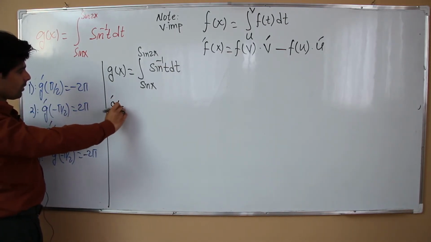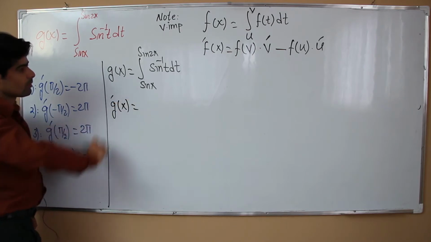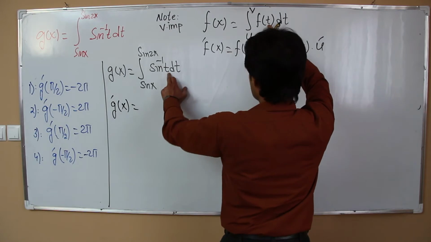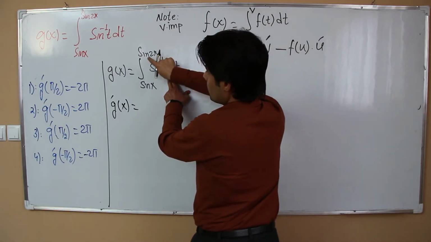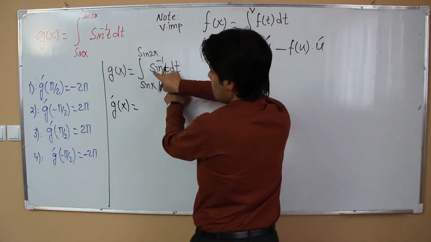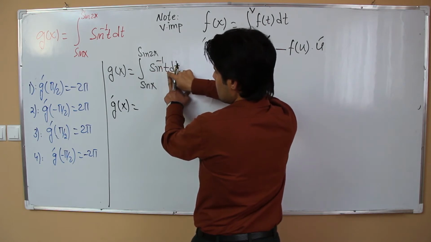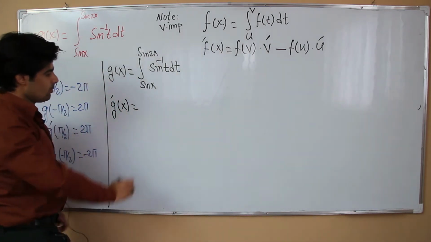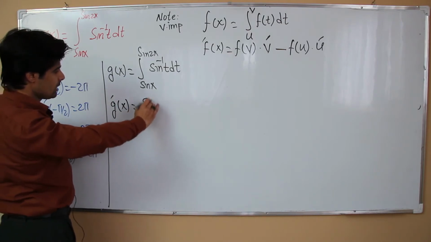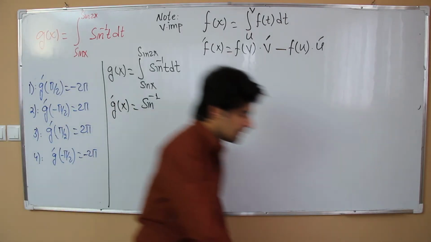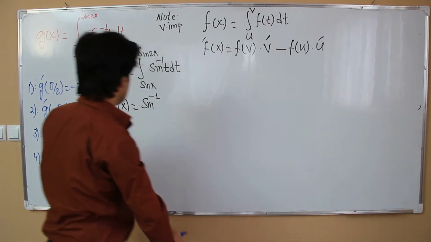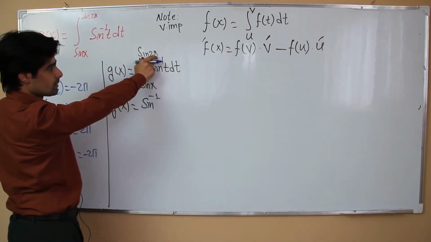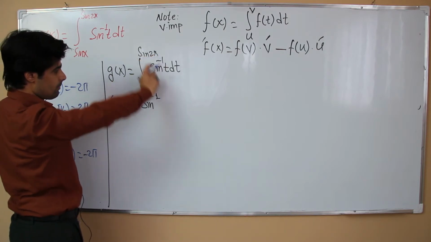The derivative of this function is, first, in the function, instead of the variable, you have to put the upper limit. I mean sine inverse, instead of t, you have to put sine 2x. This is the variable; you have to put this limit, the upper limit.